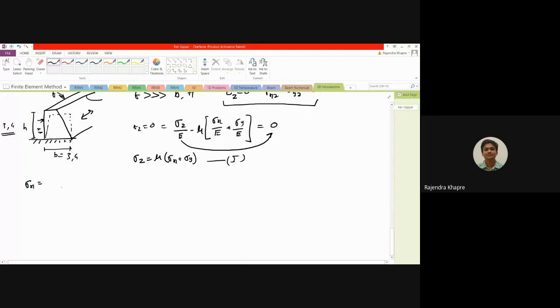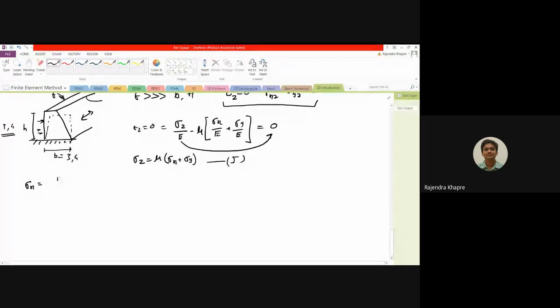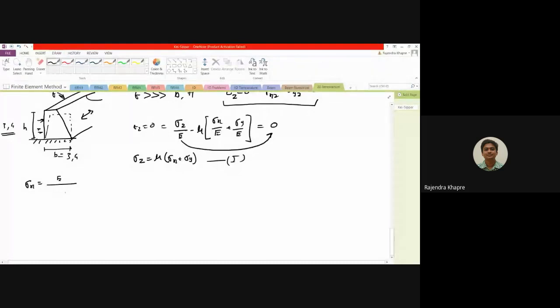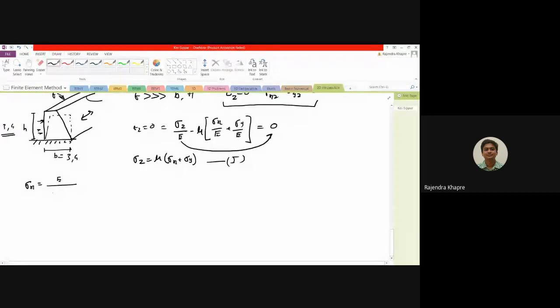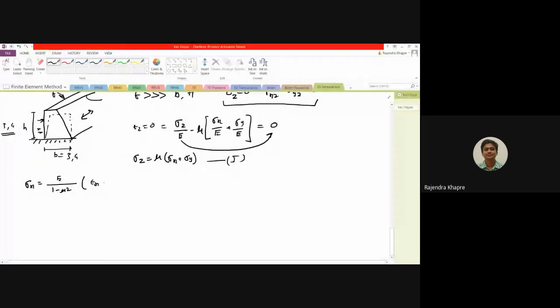So sigma x is something like E divided by 1 minus mu square into epsilon x plus mu times epsilon y.